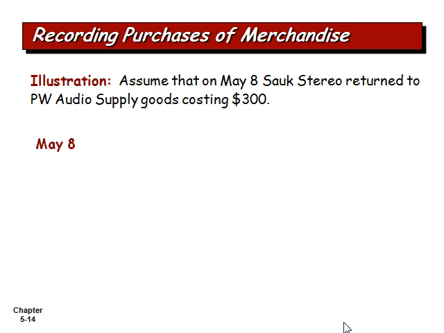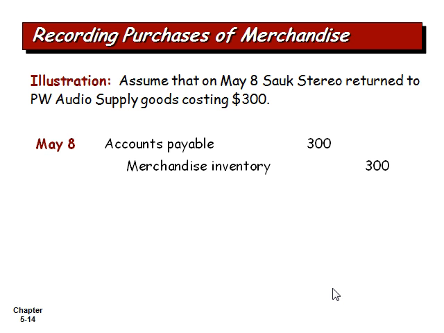Another illustration here. Assume that on May 8th, Sock Stereo returned to PW Auto Supply goods costing $300. The journal entry we'd make would be to debit accounts payable $300 and credit merchandise inventory $300.